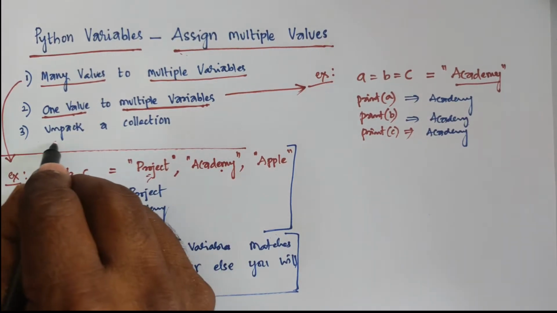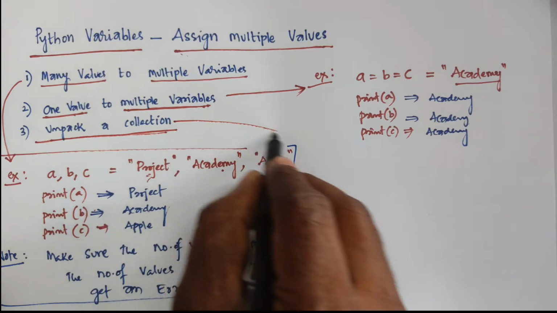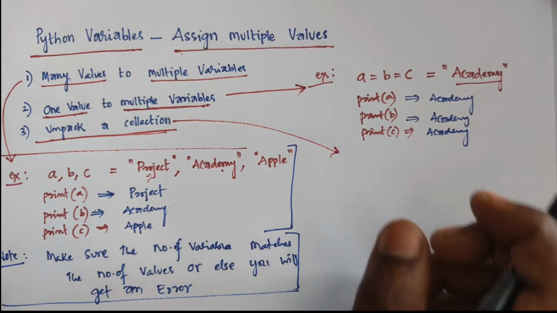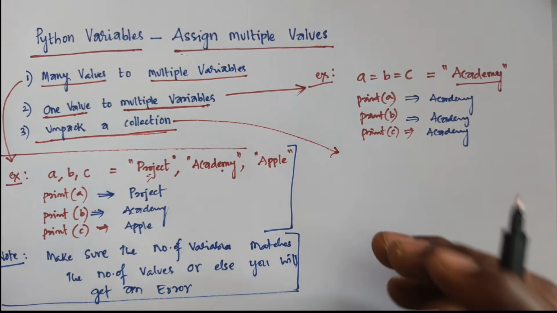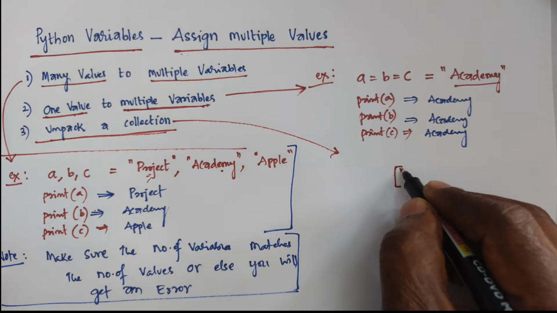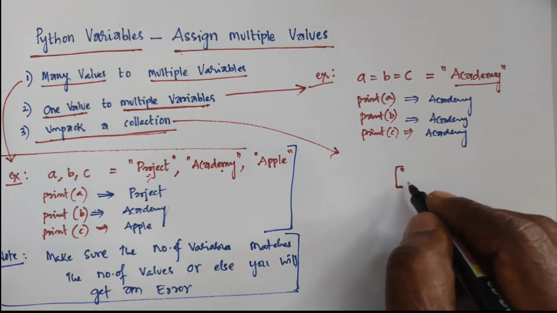Next, the third one is unpack a collection. If you have a collection of values in a list, for example, in the list session I will give a detailed explanation of lists.